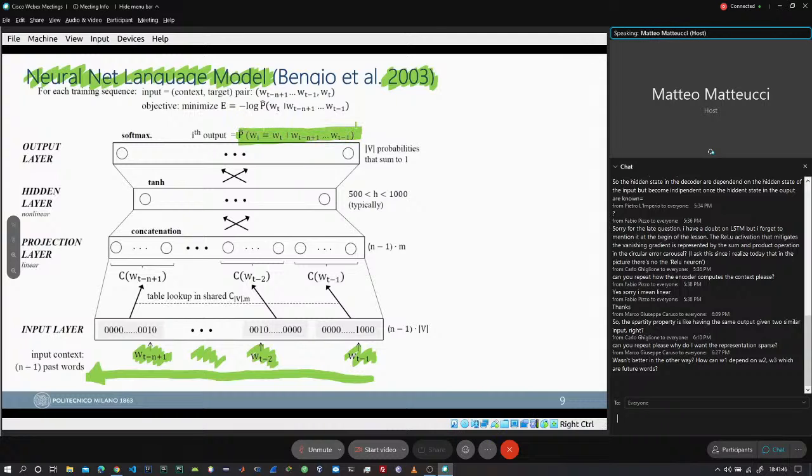So the idea of Bengio was to use a neural network to go beyond the n-gram model. It is not yet a word embedding task. It is more a language modeling task.